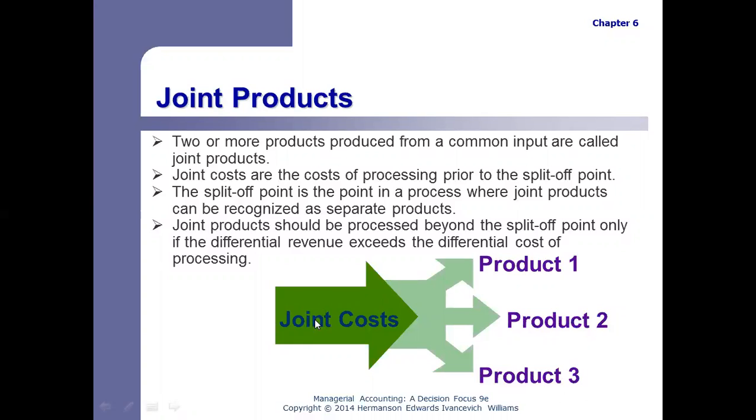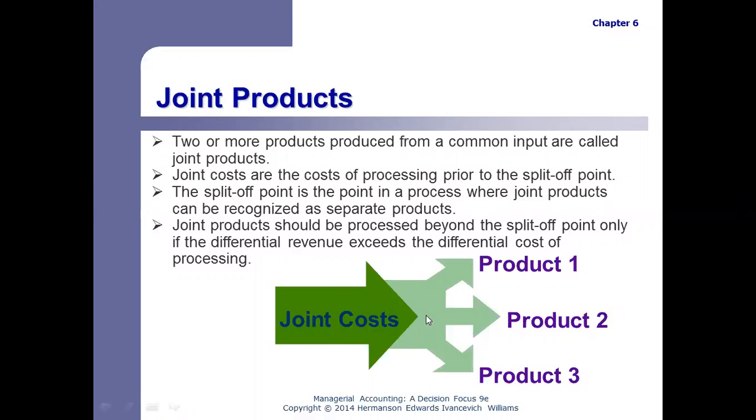There are common costs, right? They have to raise the pig, slaughter the pig, cut it up into pieces, and then at that point further, different processing is done for each of the products.